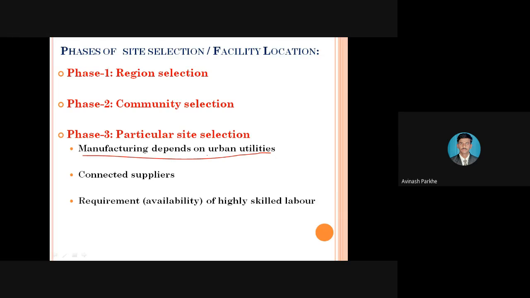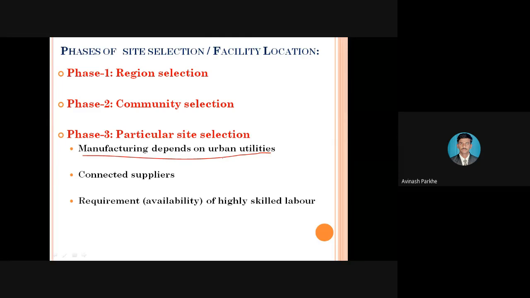In the rural areas, sometimes the people are not using advanced facilities, but in urban areas the customers are using advanced facilities. Therefore, the maximum demand is from the urban areas. If the maximum demand is from the urban areas, your organization should be near those urban areas.